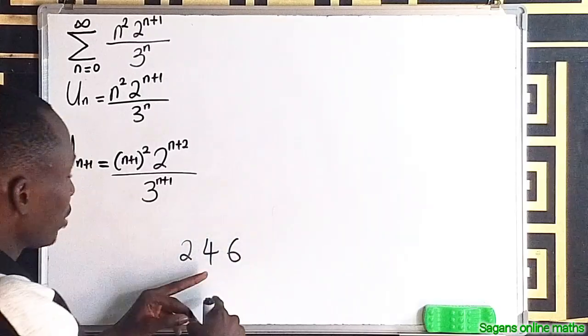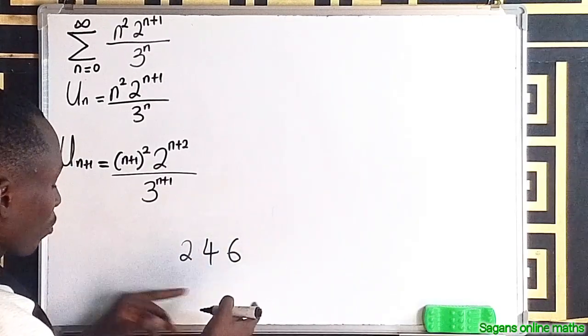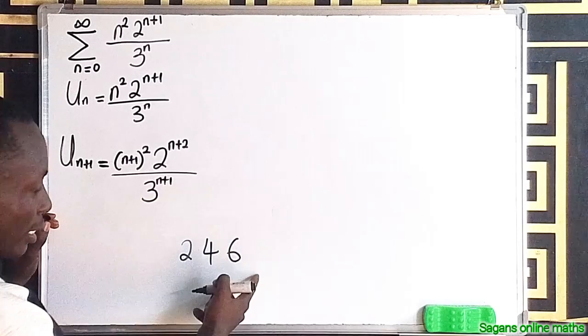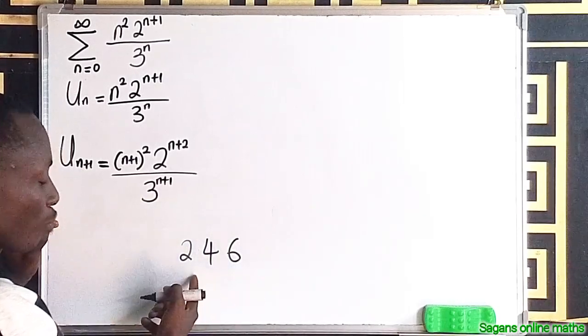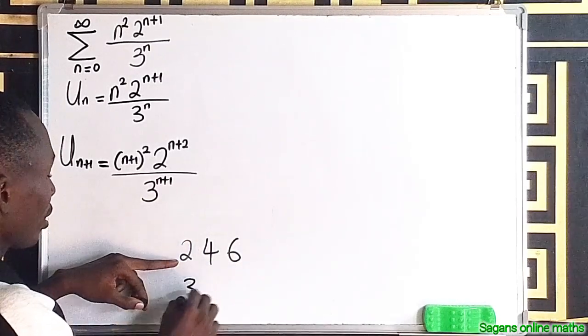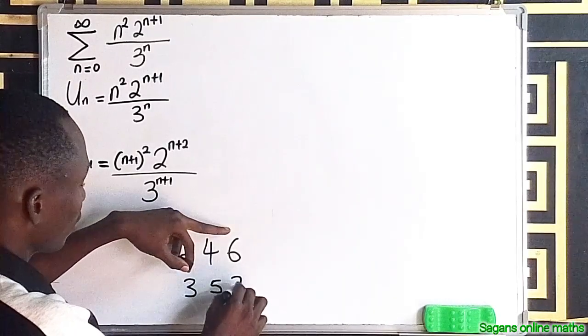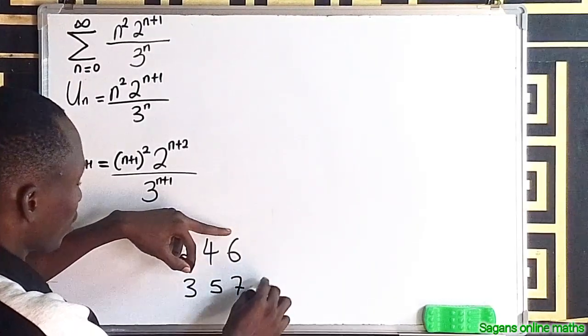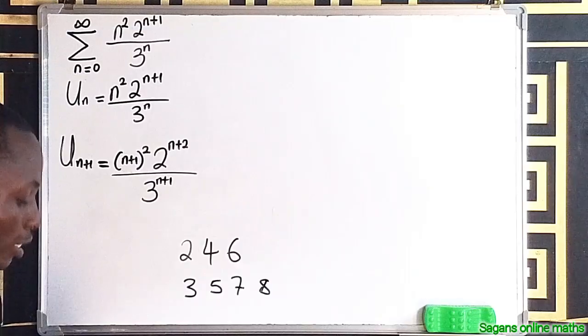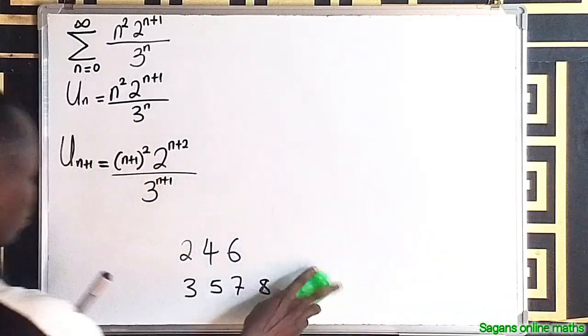If I ask what will be the next, you can add 1 to each. Add 1 to 2, you have 3. Add 1 to 4, you have 5. Add 1 to 6, you have 7. Then add 1 to 7, you have 8. You see, this is very interesting.